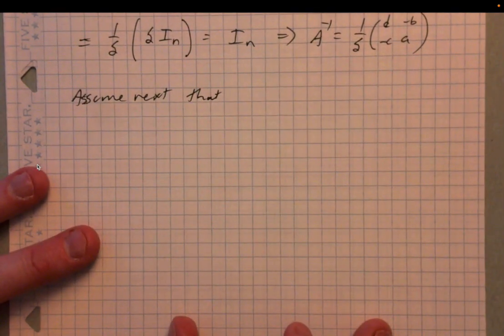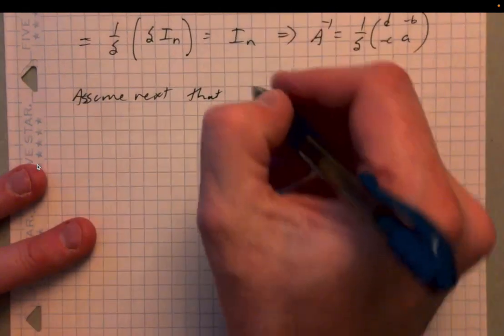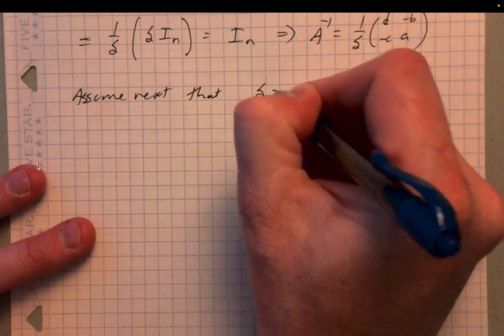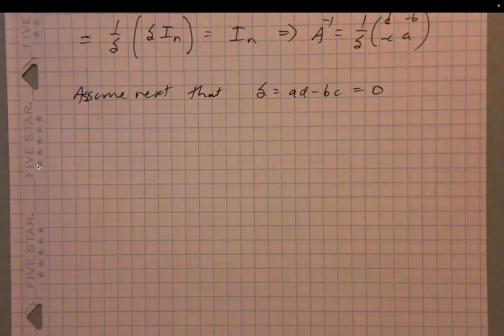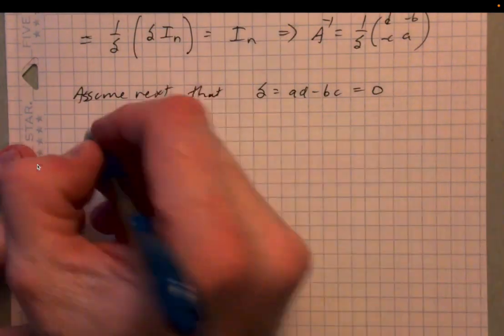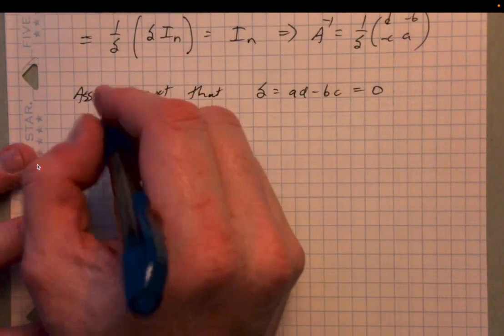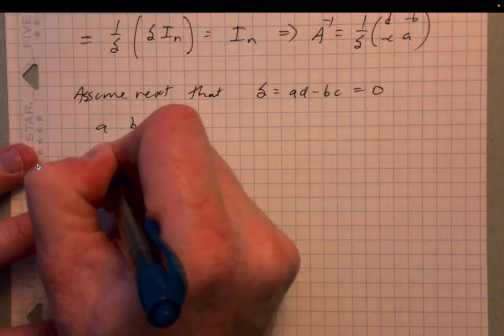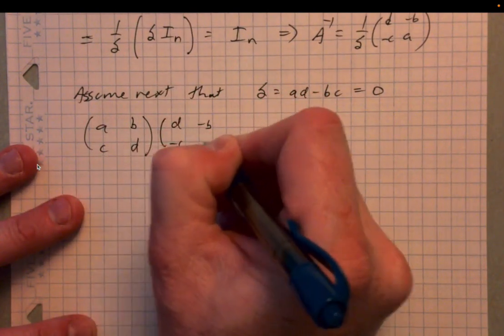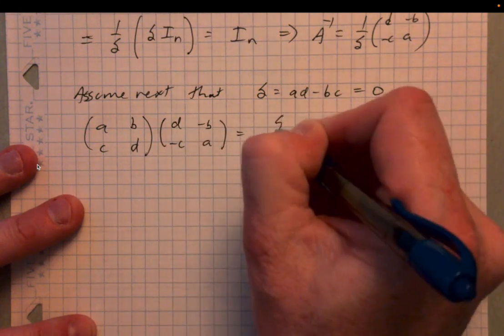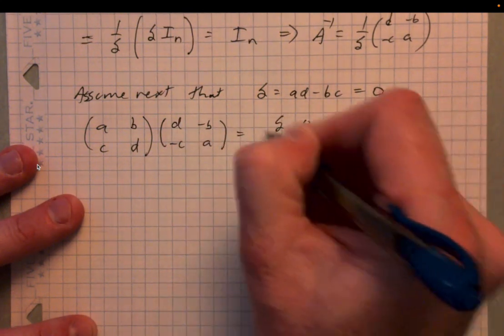that the delta is 0. Well, what's going to happen then? Well, it's kind of the same thing, right? A, B, C, D times D negative B negative C A is going to be equal to delta, 0, 0, delta.